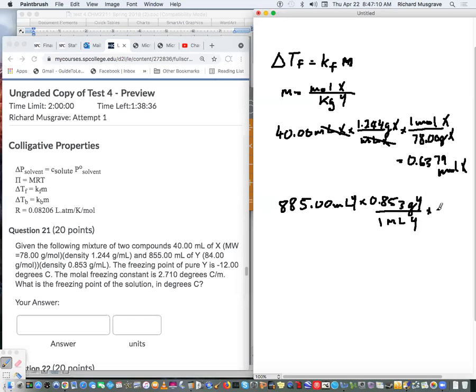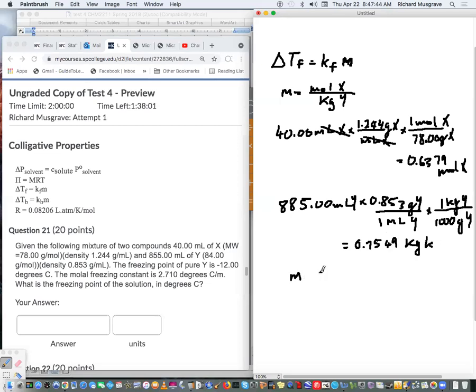And then I also need to convert that into kilograms. Okay, I get 0.7549. And that's kilograms of Y.